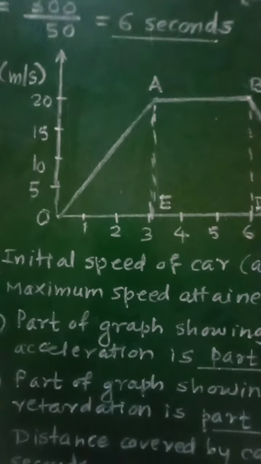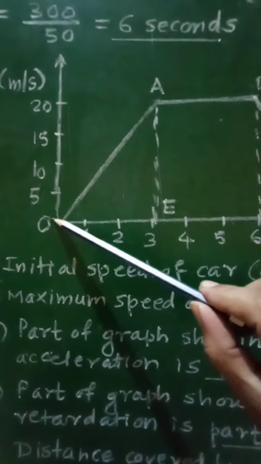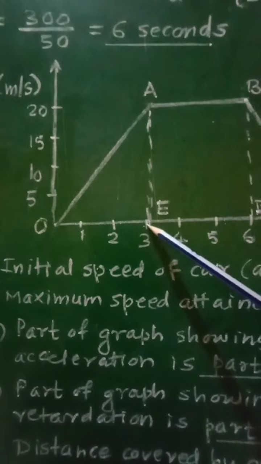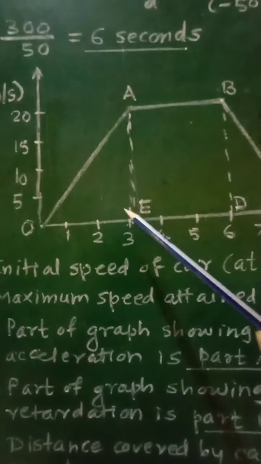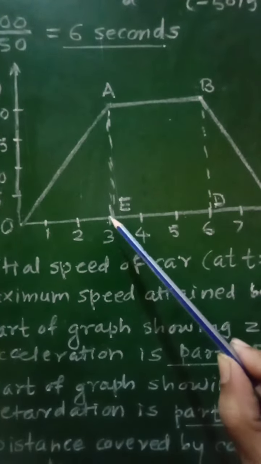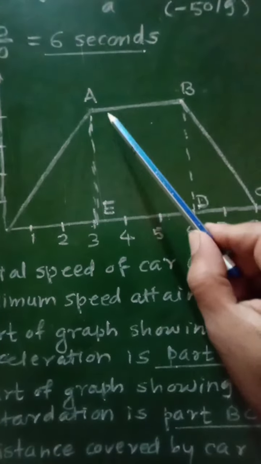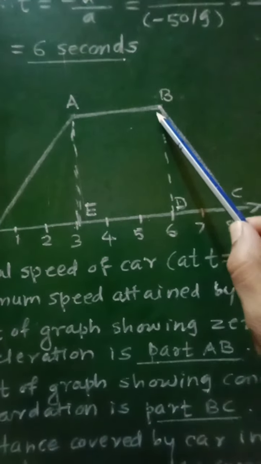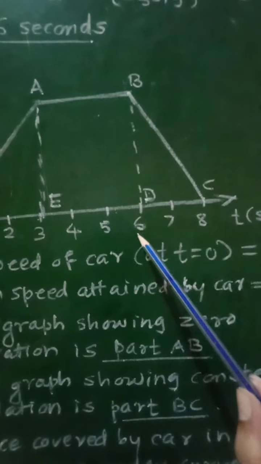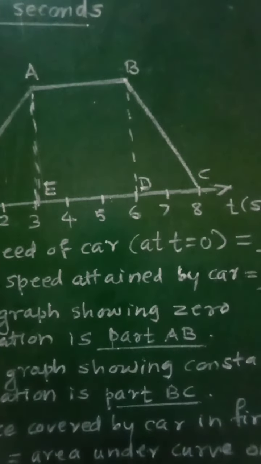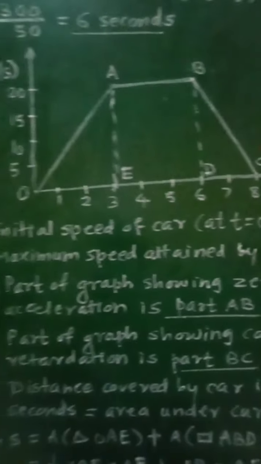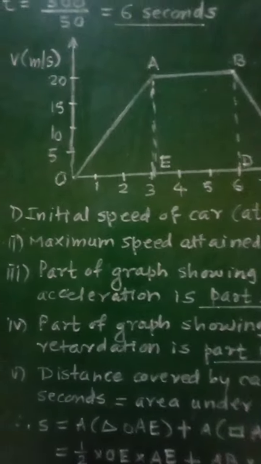Now first of all, that car will travel for 3 seconds. At that time graph plotted will be OA part in the first 3 seconds. Then from 3 seconds to 6 seconds part AB will be traced, and then for 6 to 8 that graph will be BC. And therefore we will find these quantities one by one.